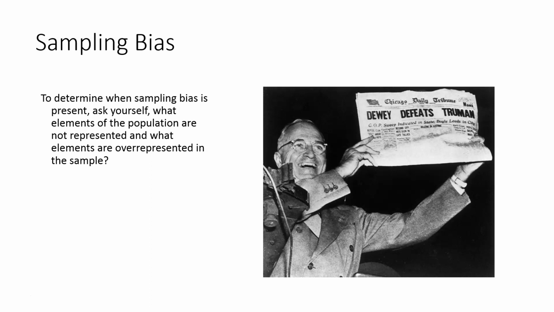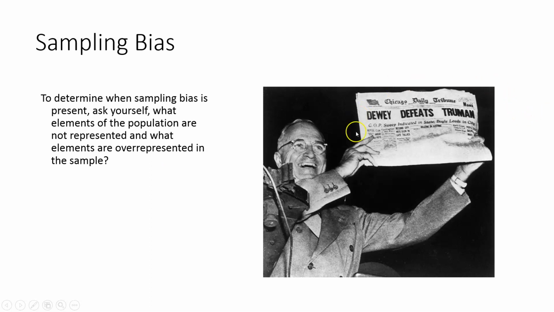Is this a sampling process that is likely to yield an unbiased sample? And so you ask yourself, am I sampling in a way that some elements are going to get overrepresented and some are going to be underrepresented? And in this case, that's what happened. The wealthier people got overrepresented in the sample, and the less wealthy people were underrepresented.